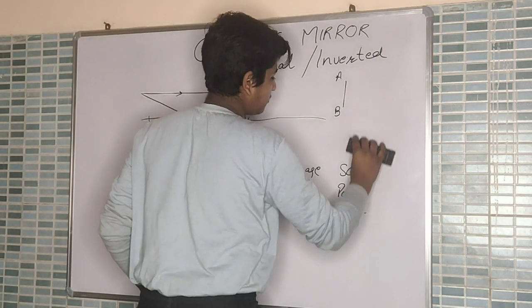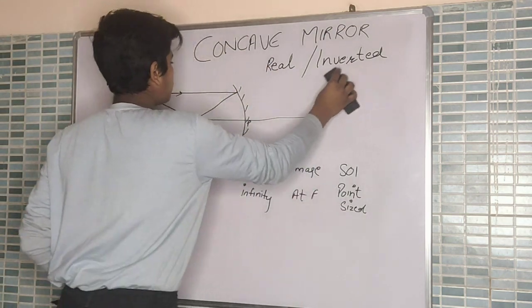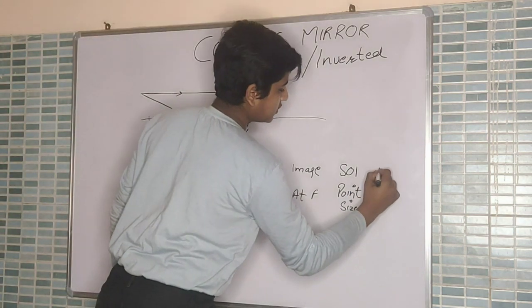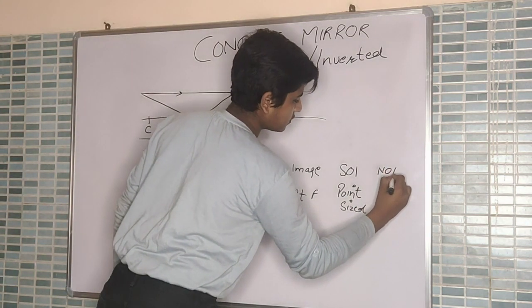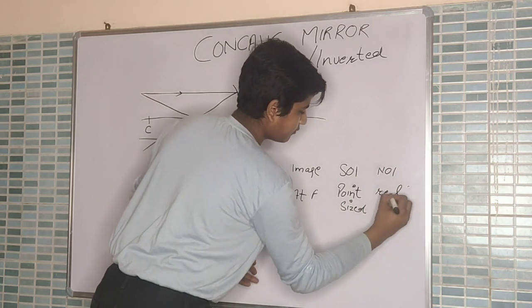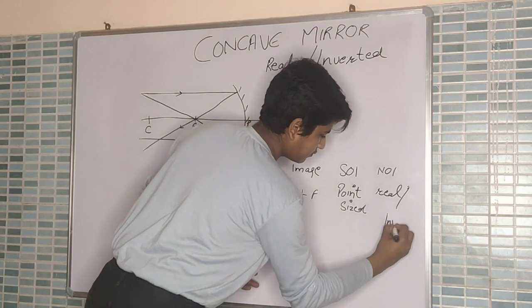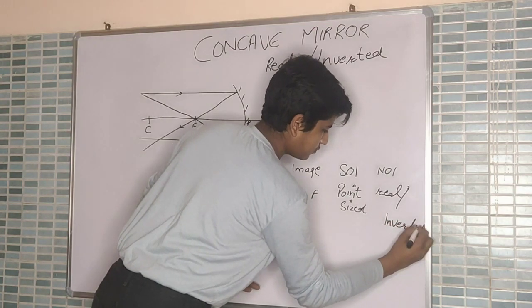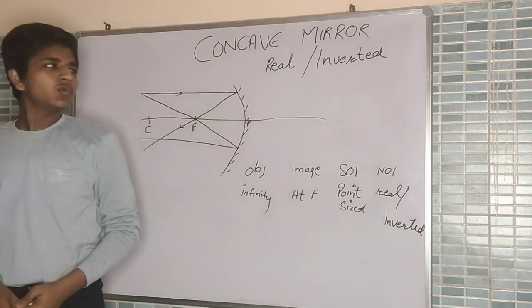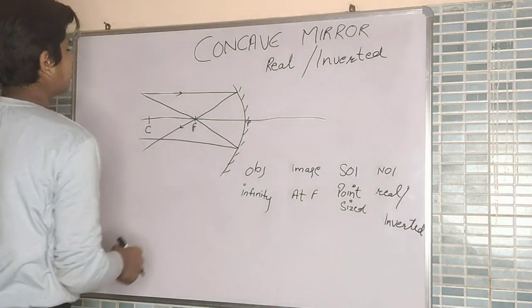So the nature of image of this ray diagram will be real and inverted. So this was the first ray diagram we have studied in concave mirror.